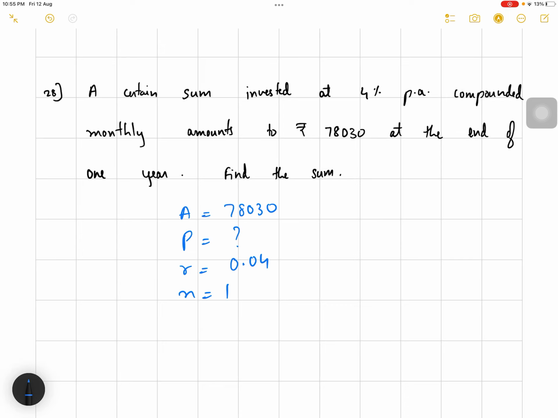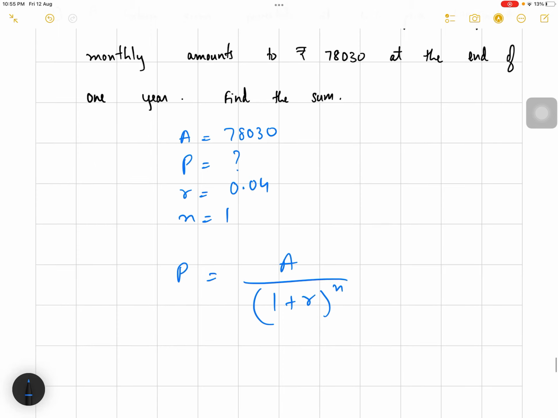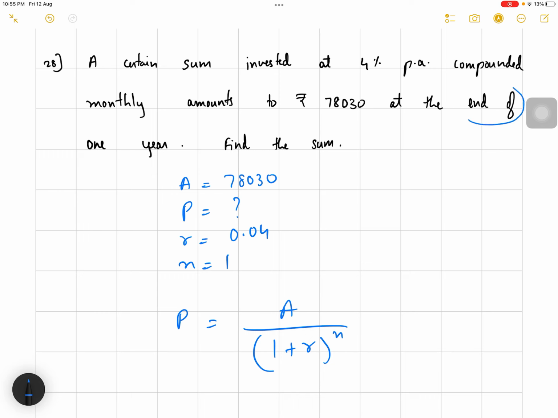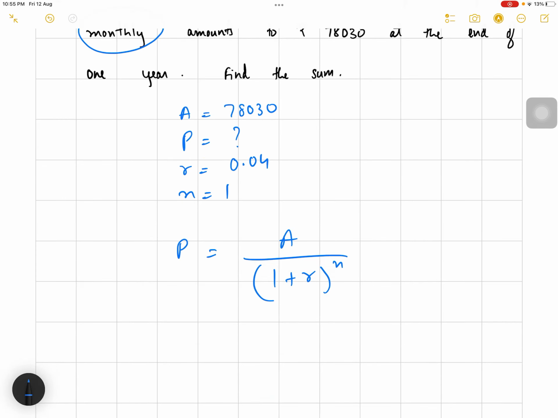We'll use the formula for P: P is equal to A upon 1 plus R raised to N. Because the compounding is done monthly, so N into 12 and R divided by 12.